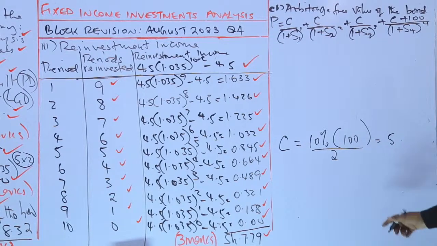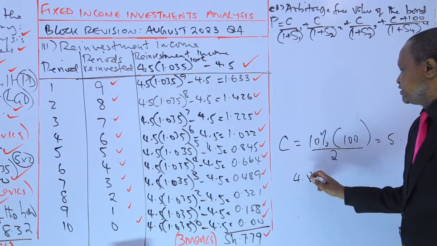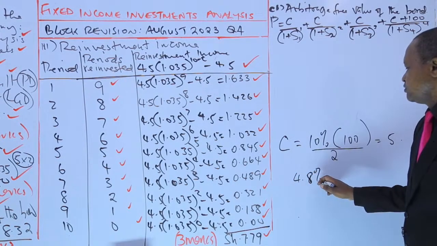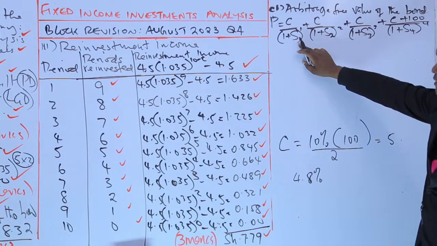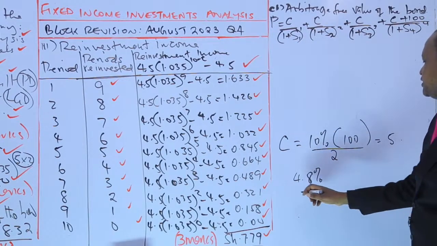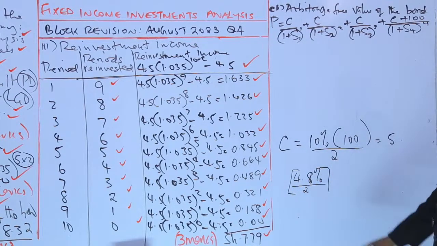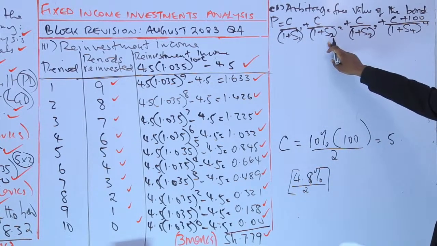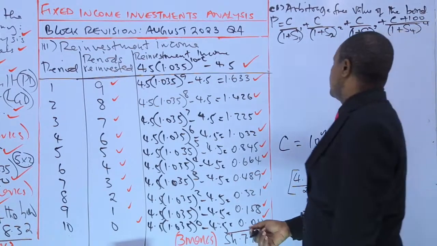Now that we've divided these, the spot rates provided in the question, the spot rate for period 1, we can see there is 4.8%. So the spot rate we are going to use here will be 4% divided by 2. For the second period, it will be 5% divided by 2.